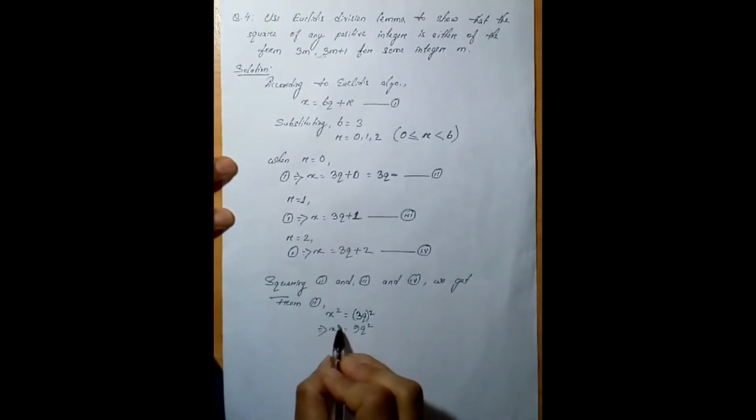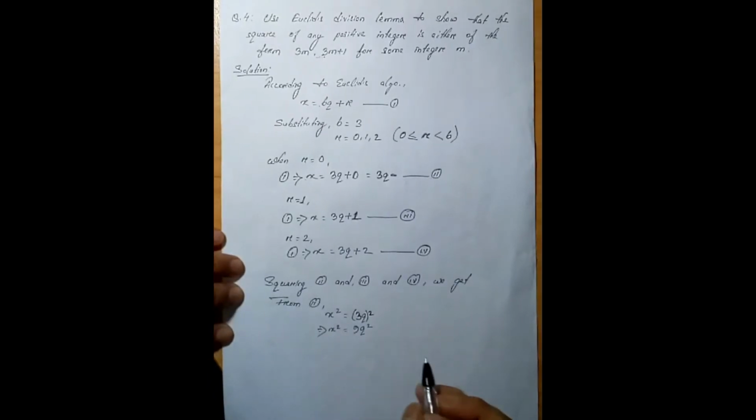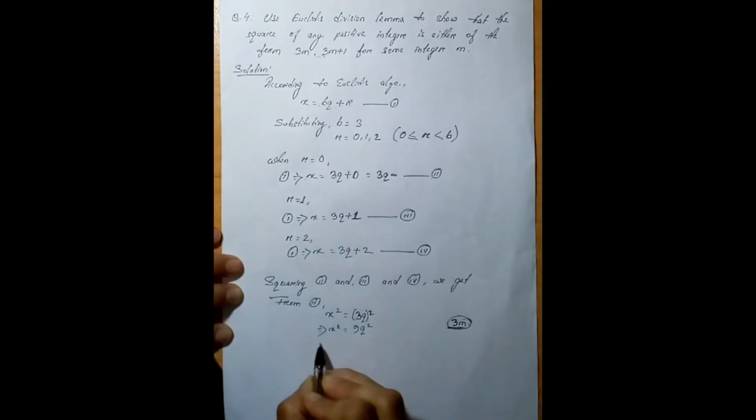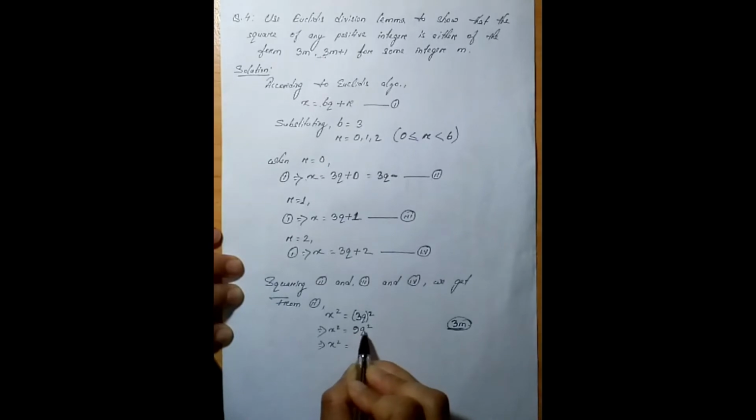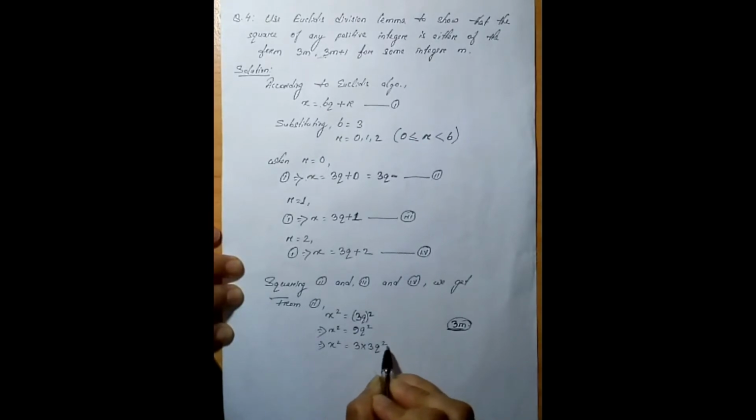But now we have to make it as 3m, we have to bring it in this form. So here x square, this one we need to break: 3 into 3 we can write as 3 into 3, then q square.